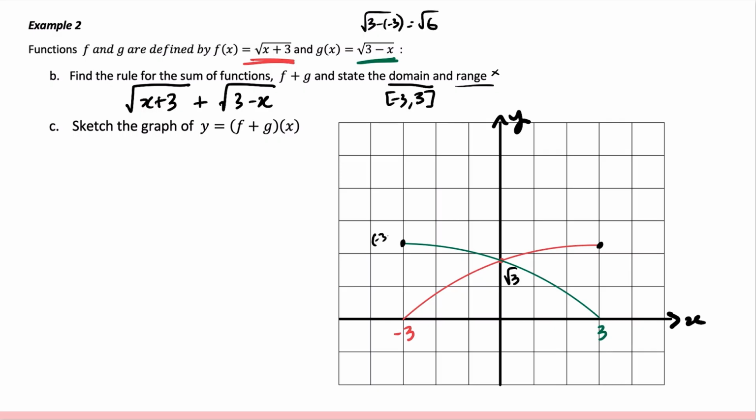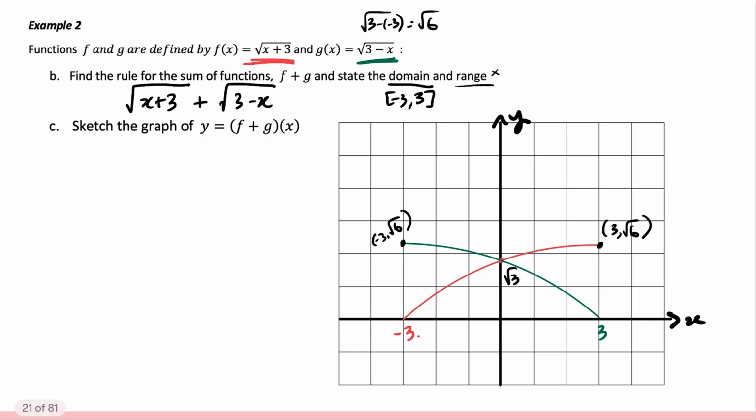So that'll be -3 and √6. And then I think this one will be the same idea, 3 and √6. Okay, so that's an overall idea of what my graph will look like. Now from here, the idea is to add all of the y values. So like that's 6 and 0. If I write in the proper intercept, it will help us.